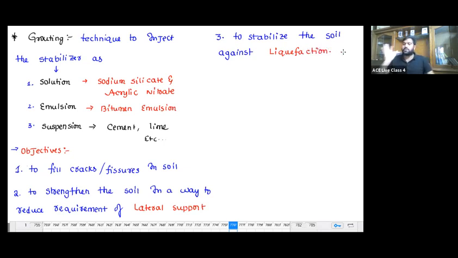So we are going to stabilize the soil mass against liquefaction. Now that's about the objectives of the grouting, and let's see what are the various types of grouting.